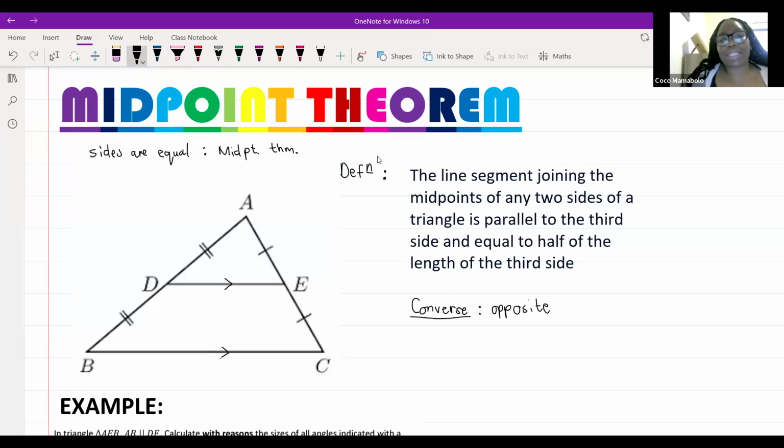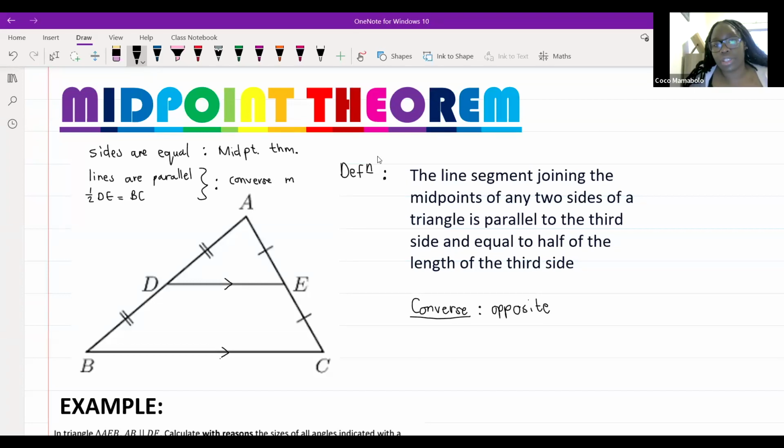But if they tell us that the two lines are parallel, or that DE is half of BC, then we cannot use the midpoint theorem. We need to use the converse of the midpoint theorem.